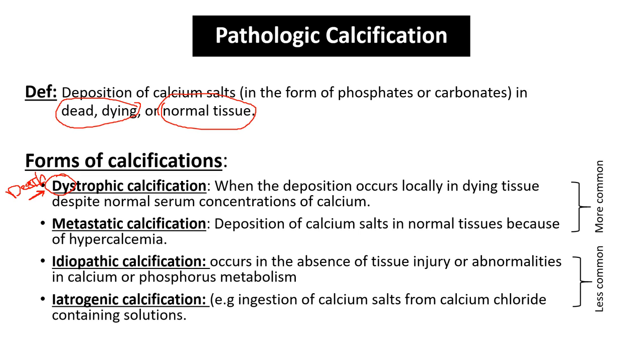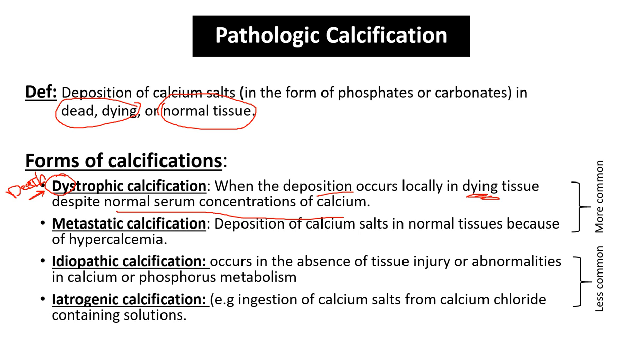Dystrophic calcification means the deposition of calcium in dying tissues, despite normal serum calcium. So what that means is calcium deposits into tissues that underwent death, and the calcium level is normal.